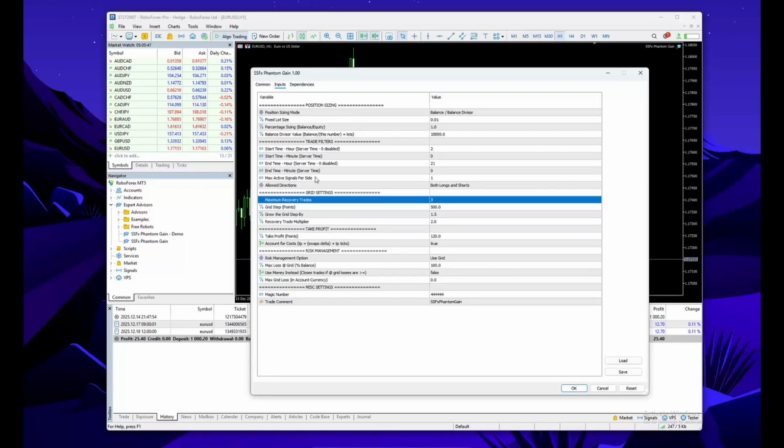So in this case, assuming you had performed an initial buy trade, let's say of 0.1 lots, and it has gone against you. By default, we have a setting of 50 pips.